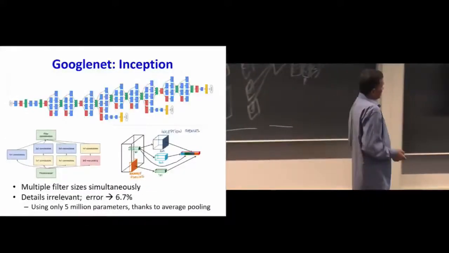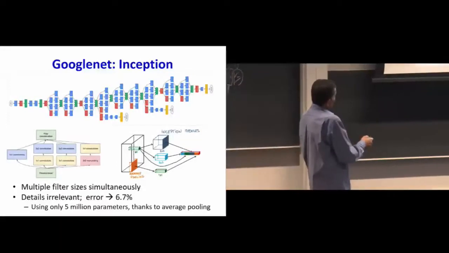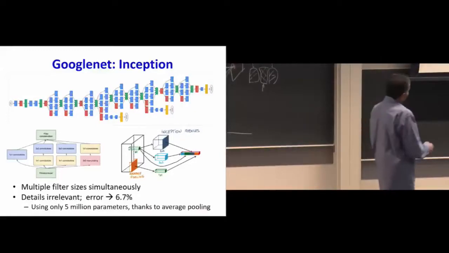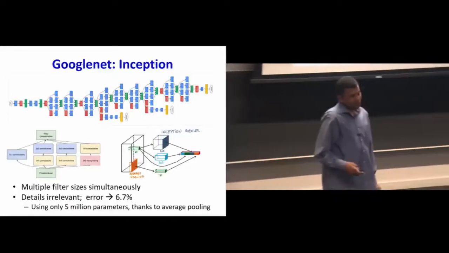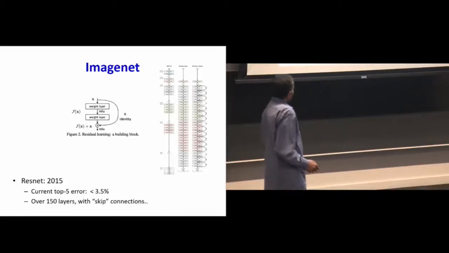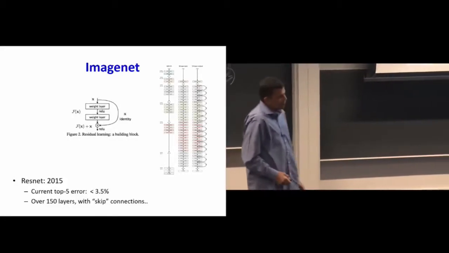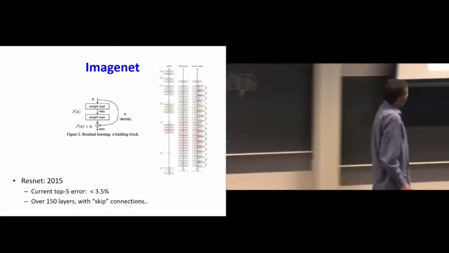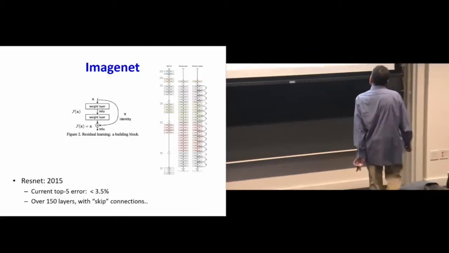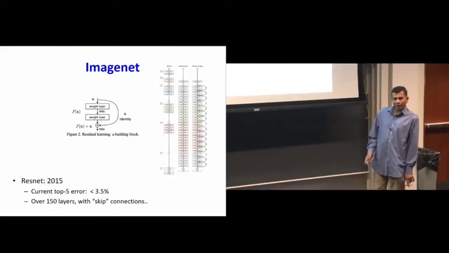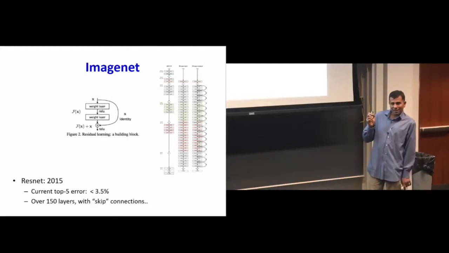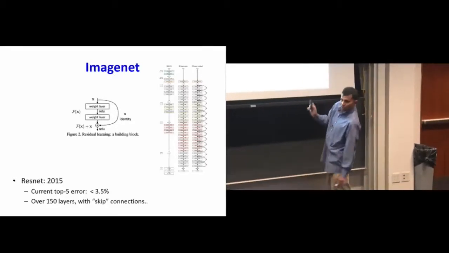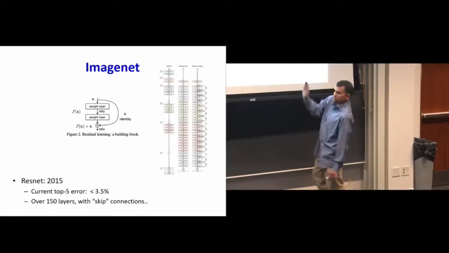And then Google went one step crazier. They came up with this really crazy architecture that I can't even explain. The nice thing is it has only 5 million parameters, and now the error rate is down to 6.7%. And then the Microsoft guys went off again, and they increased the number of layers, but then they have one extra trick that you guys are likely to use, and maybe you will actually see in your recitation, which is the ResNet, where after a certain number of convolutions, they add the output back to the input.